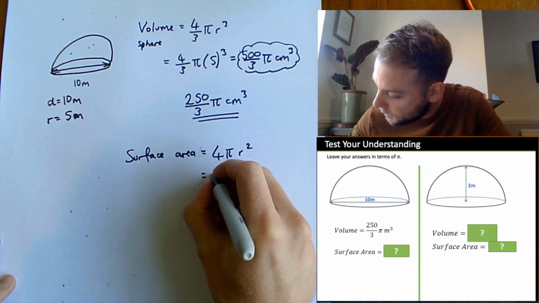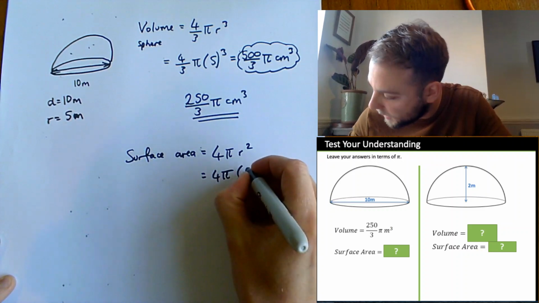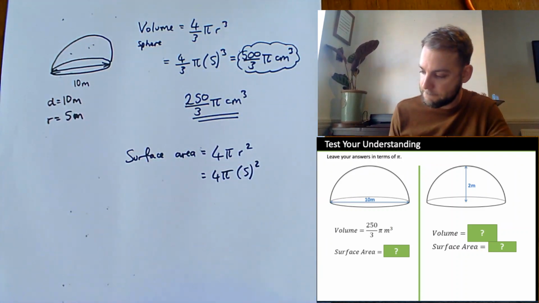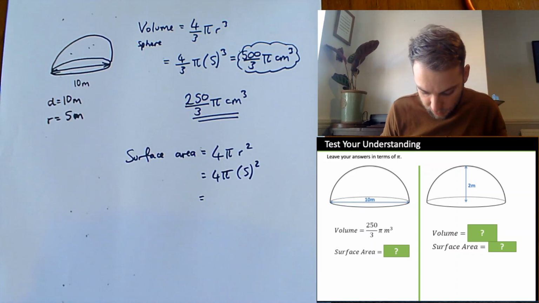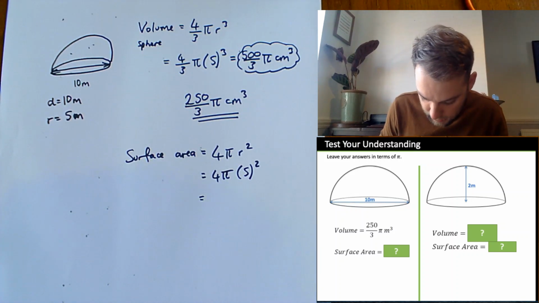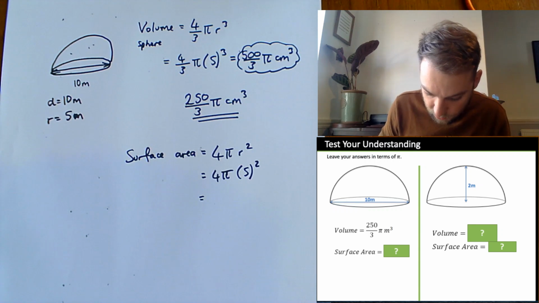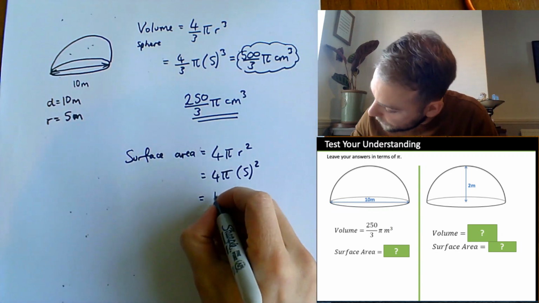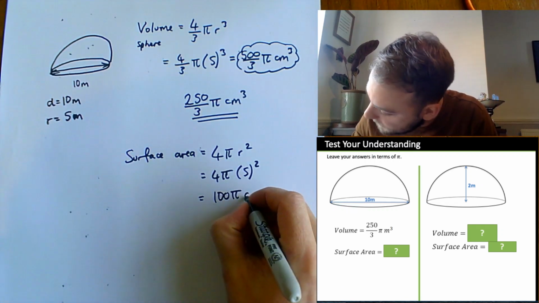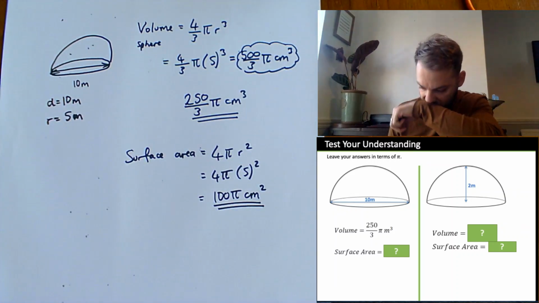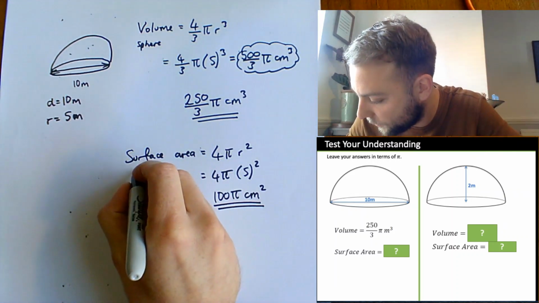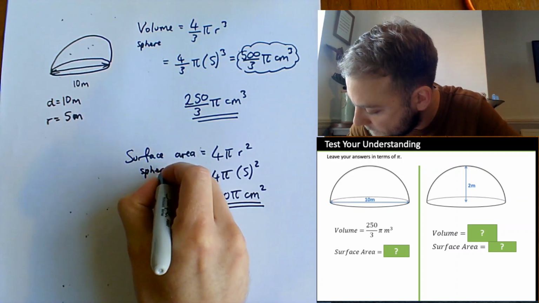In this case, 4 pi times 5 squared, which is 100 pi centimetres squared. So this is the surface area of the full sphere.